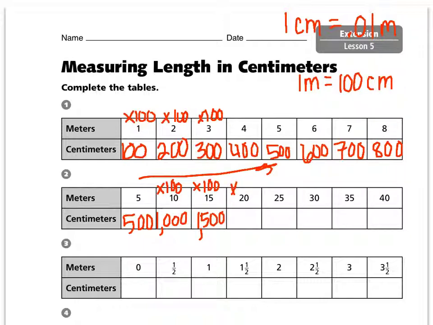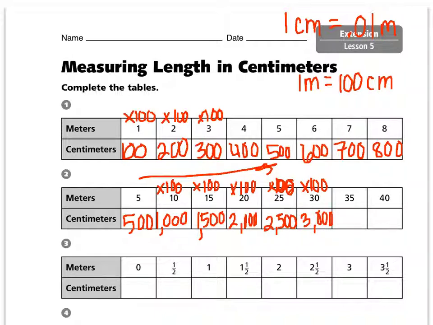20 meters times 100 is going to be 2,000. 25 meters times 100 is going to be 2,500. 30 times 100 is going to be 3,000.